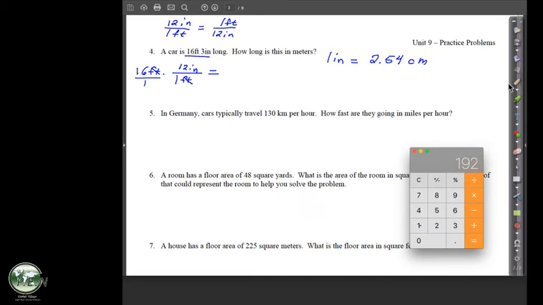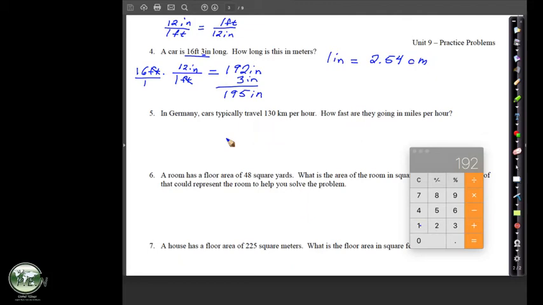Okay, so that's 192 inches. What about this 3 inches? Can we add it together to the 192 inches now? Certainly. So we have 195 inches. Okay.